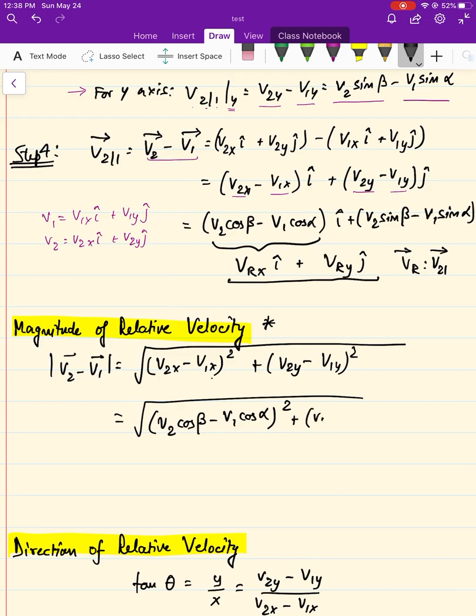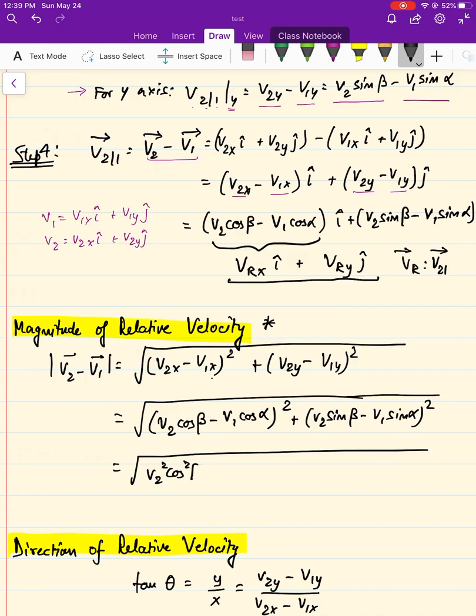Yes. And then v2 sine beta minus v1 sine alpha square, and this would require some calculation. As you can see, this will require some hard work, but I think we can probably go ahead and just see what's in store.